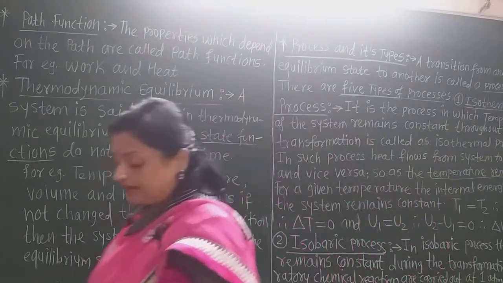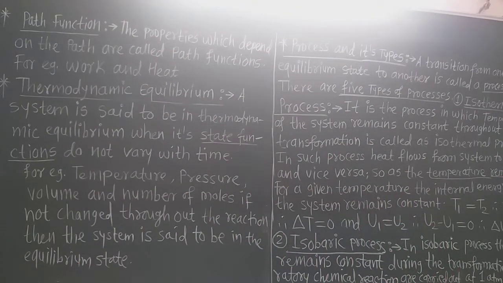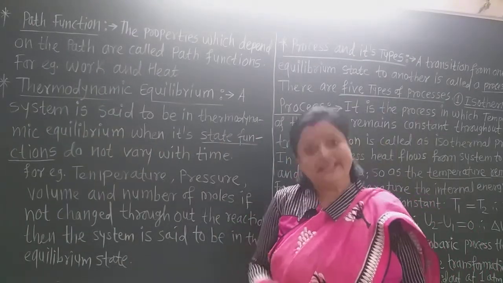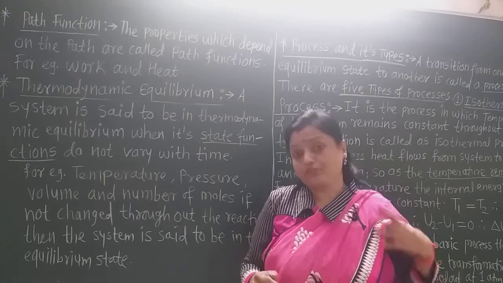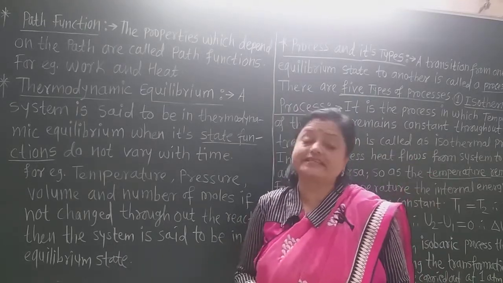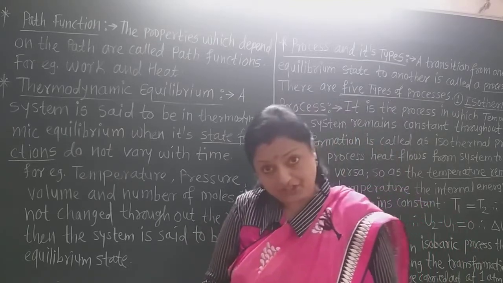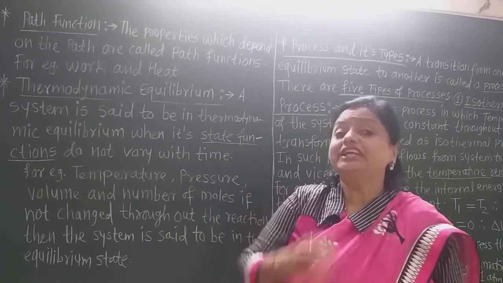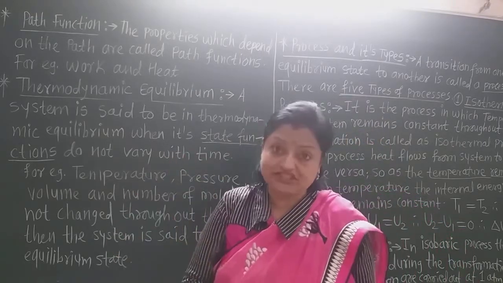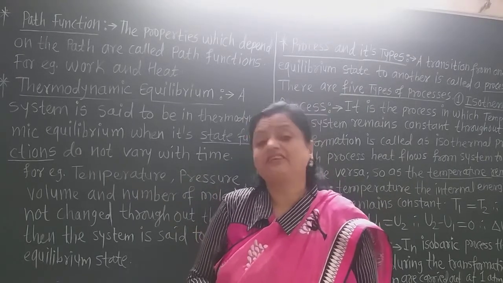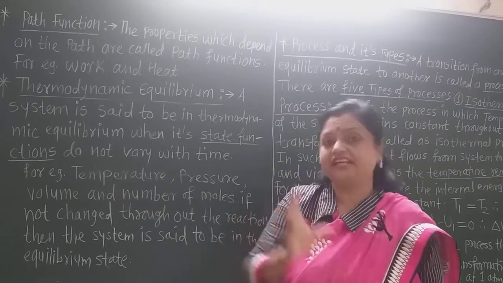If the value of these properties does not depend on the path of the reaction, and only depends on the initial state and final state of the system, such functions are called state functions.